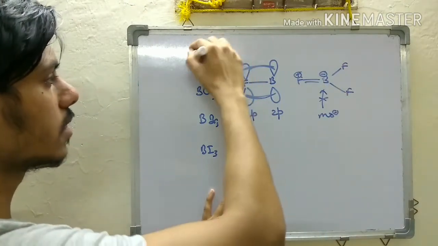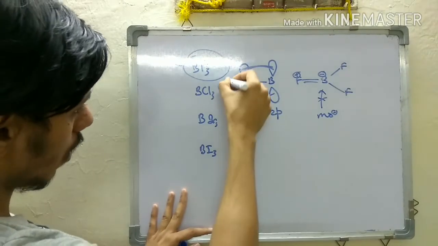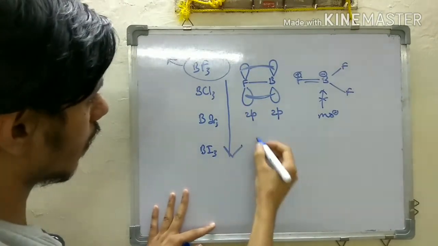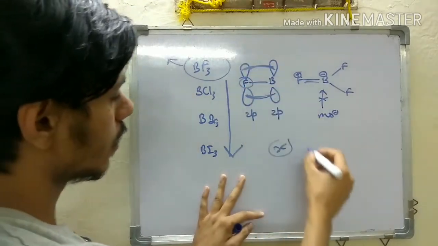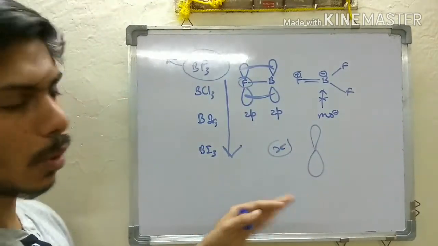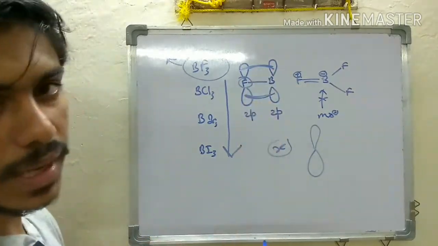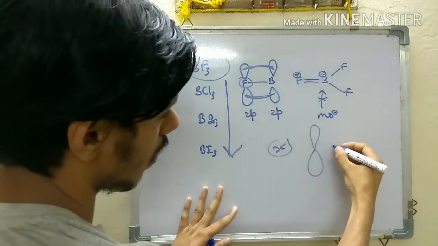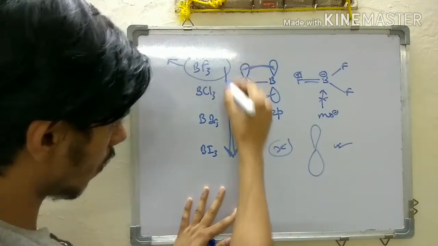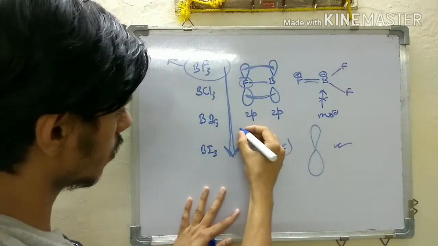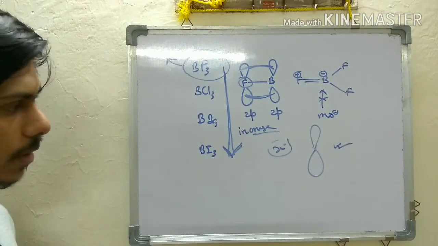That's why its acidity will be drastically reduced, right? And if you come across the series, what will happen? The size of the halogen X will increase, and the p orbital used in bonding also increases in size, and this orbital matching will be less, and that's why the acidity will increase from top to bottom. So acidity will increase because of the mismatch of the two p orbitals.